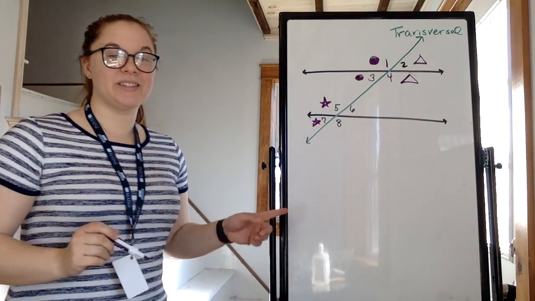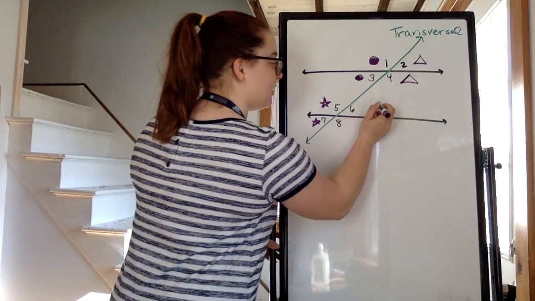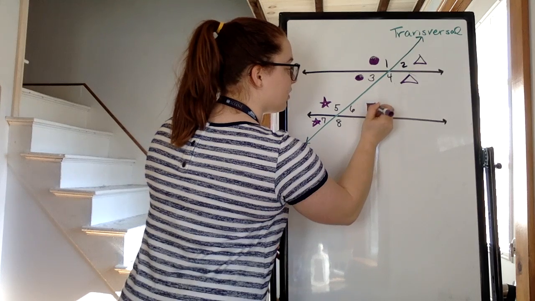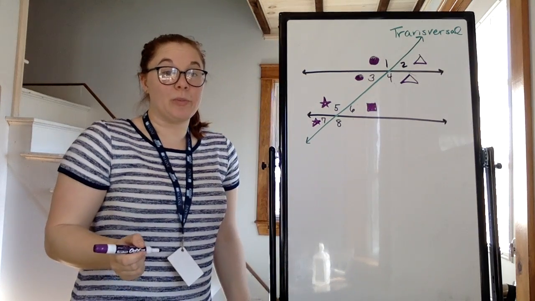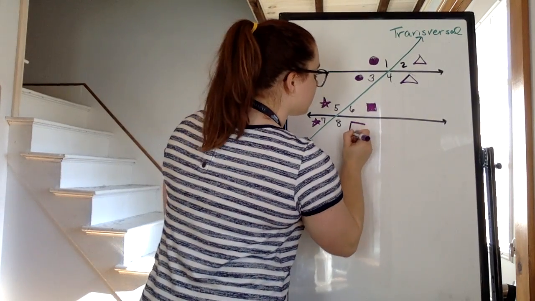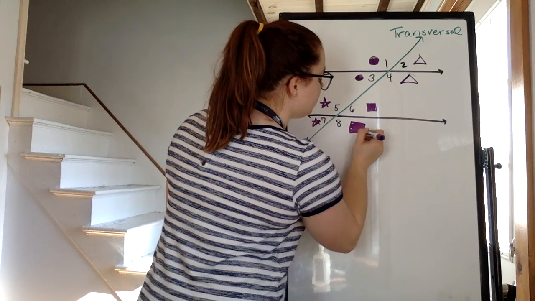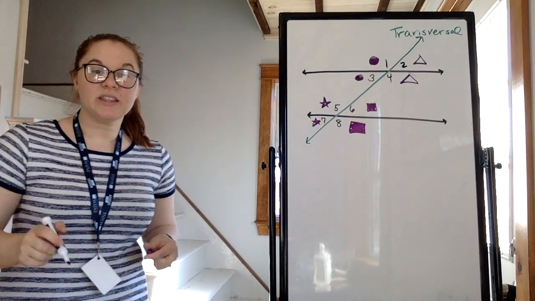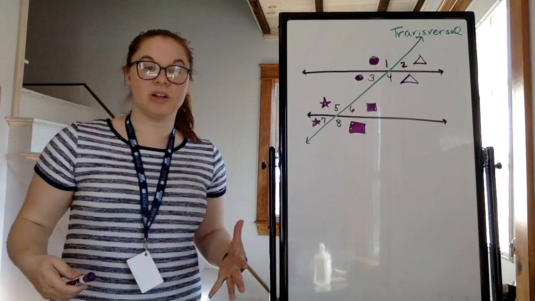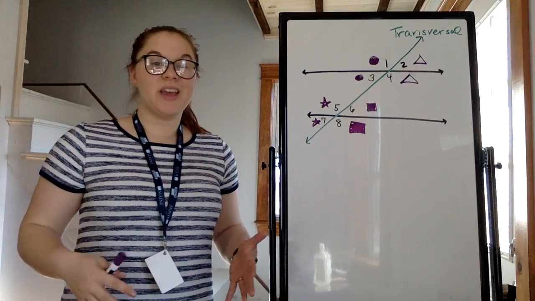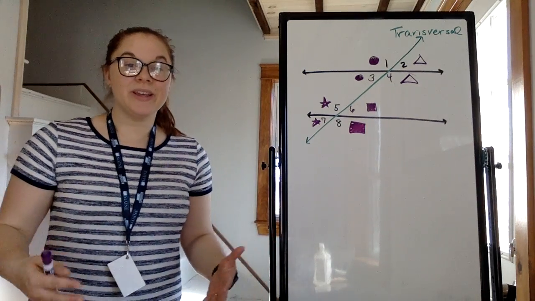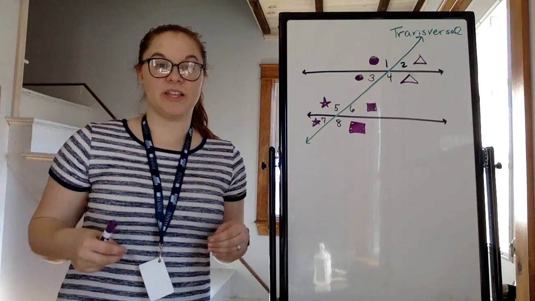And I'm sure you can guess 6 would pair up with 8. So again, you're going to see that this feels really similar to those linear pairs because a same side interior angle pair is a type of linear pair.